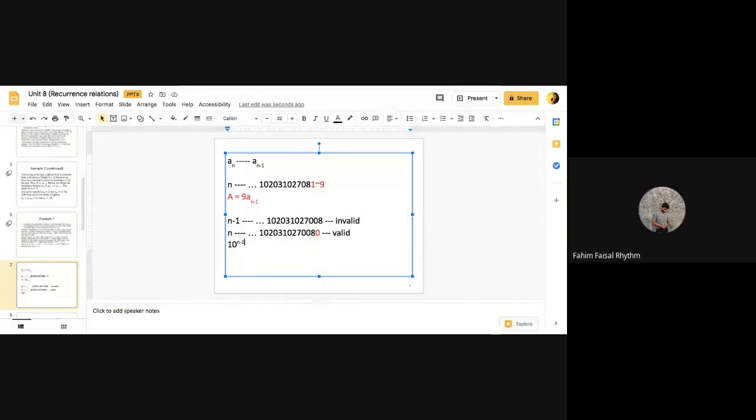Because there are exactly 10 decimal digits, 0 to 9. For the first position we have 10 options to choose from, for the second position again 10, for the third again 10, and so on until the n-1th position. So 10 multiplied by 10 multiplied by 10 and so on until the n-1th position gives you 10 to the power of n-1. Go and look at the counting lecture slides again.